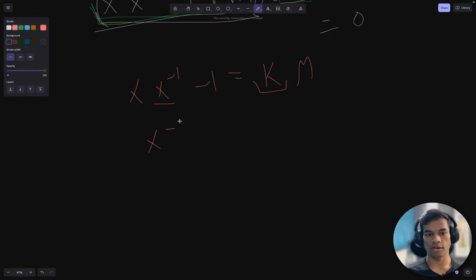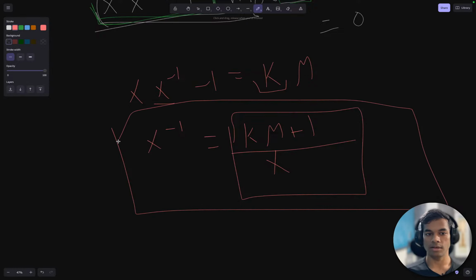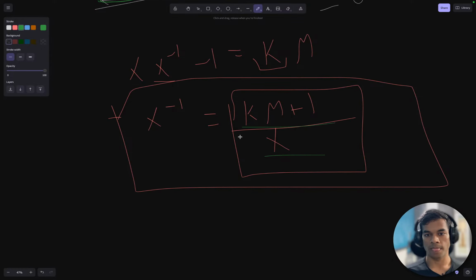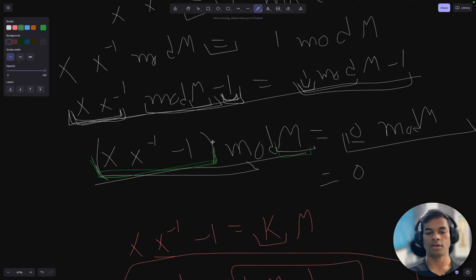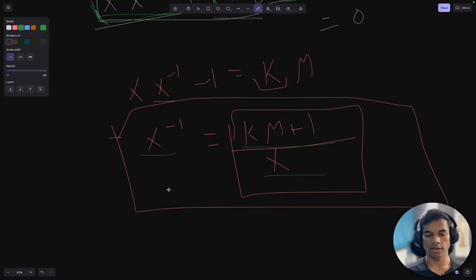So x inverse is going to be, and I do not know exactly where I'm trying to get at, but I'm trying to solve this. I do not think we have made any mistake till this point, and this seems totally correct and reasonable. Every step makes sense, so this thing should also be correct.